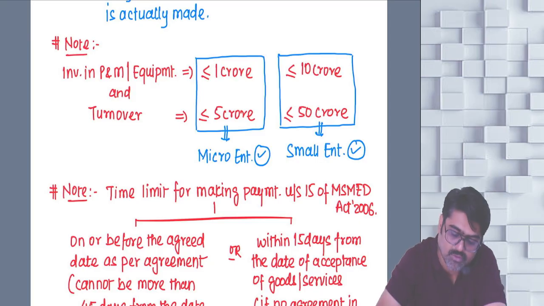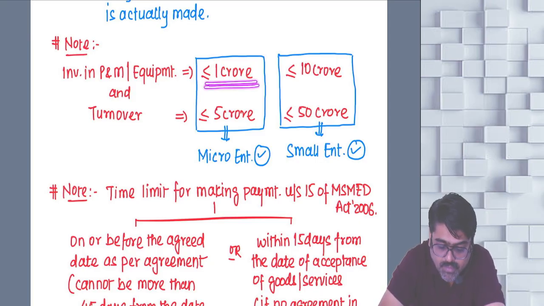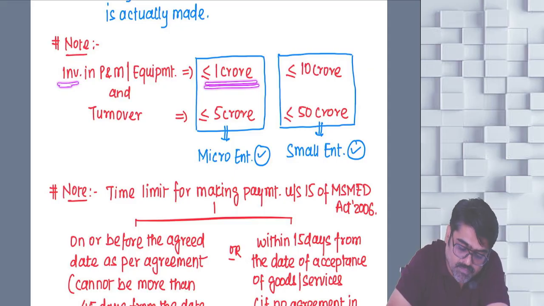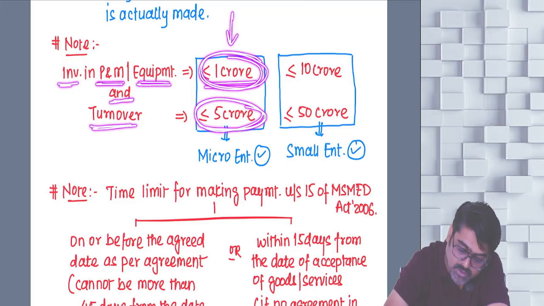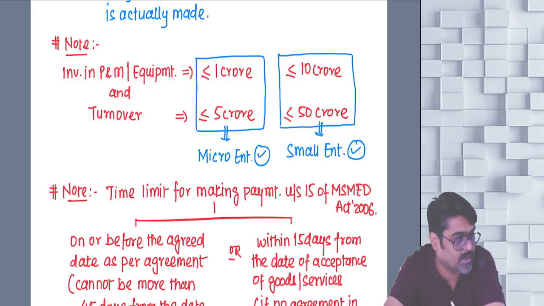So first of all, investment in plant, machinery and equipment is up to 1 crore, and also the turnover is up to 5 crore. So any enterprise fulfilling these two conditions will be known as a micro enterprise.